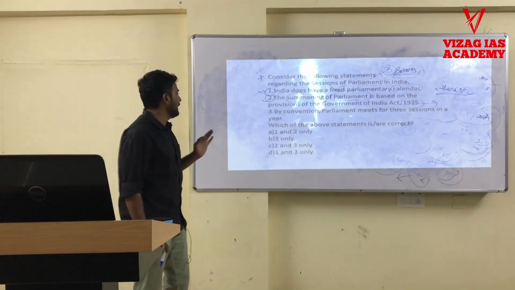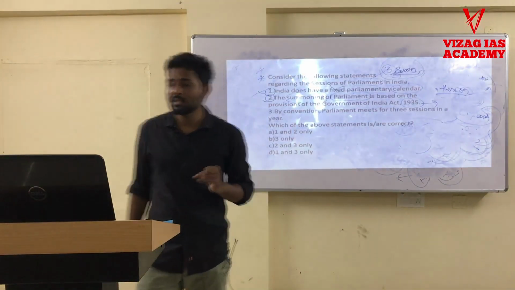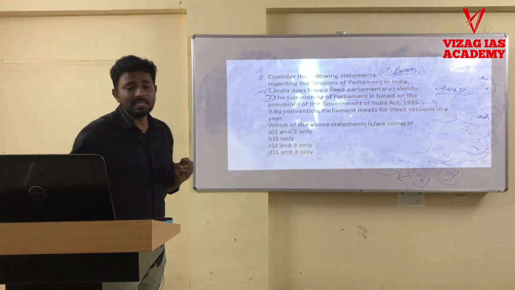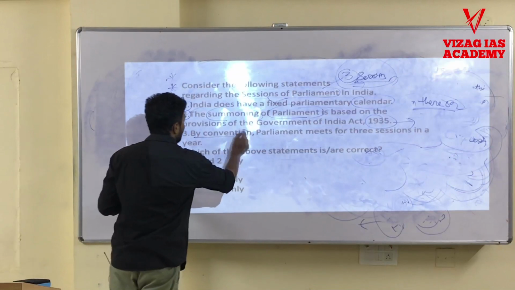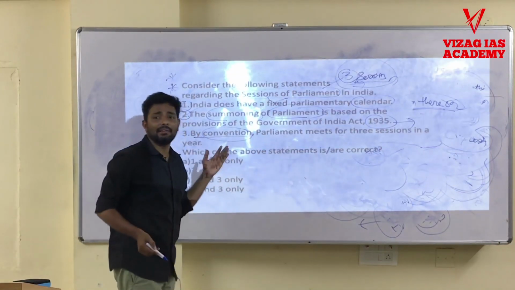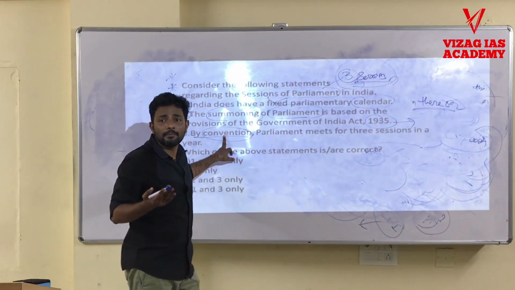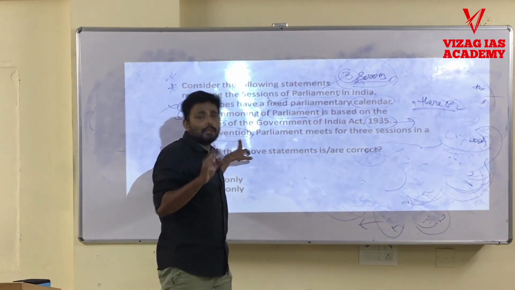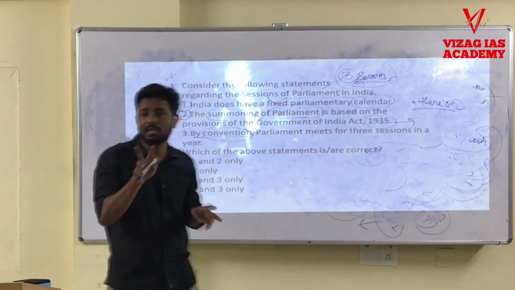Statement number 3: by convention, Parliament meets for 3 sessions in a year. Is it correct or not? By convention, because it is not mentioned anywhere in the Constitution. What is mentioned in the Constitution? There should not be a lapse of more than 6 months between 2 sessions.